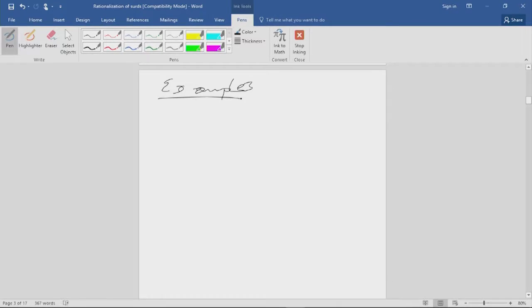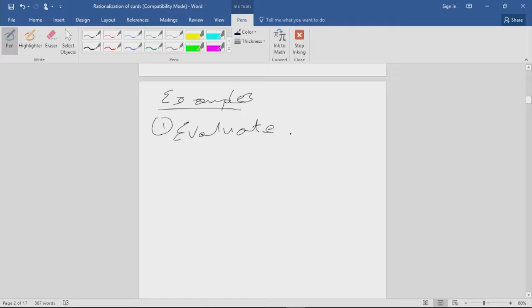Example 1 says you have to evaluate the square root of 5 all upon the square root of 2.